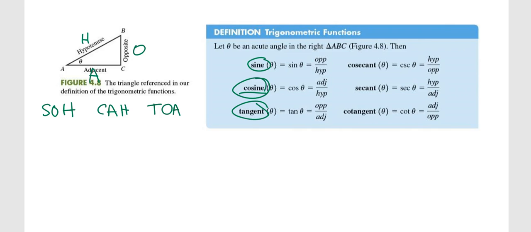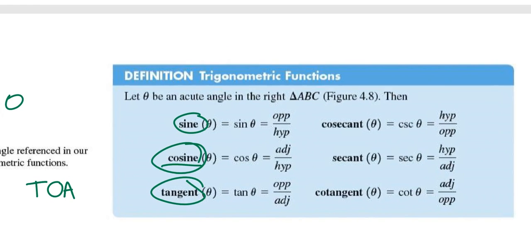Okay, so these are reciprocal trig functions.